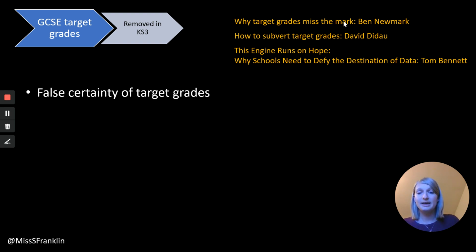So firstly, the fact that they are based on Key Stage 2 English and Maths is, again, straight away an issue when we are then applying that to a range of subjects which require a range of knowledge and skills that may or may not touch upon those skills that were assessed effectively at Key Stage 2. So there's already an inherent issue with that target grade.